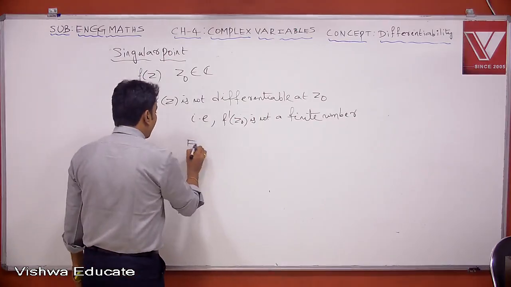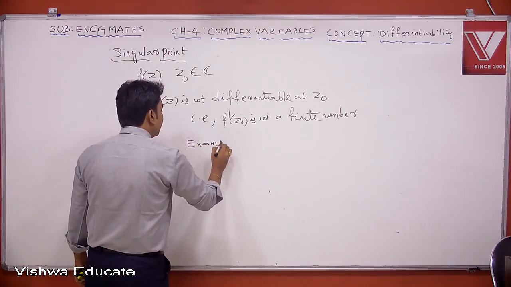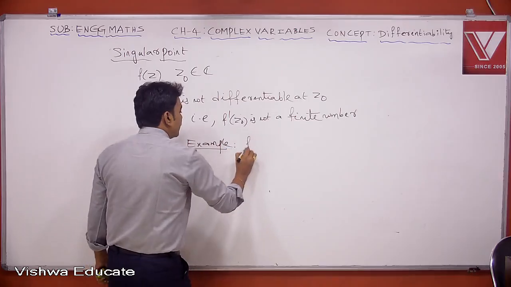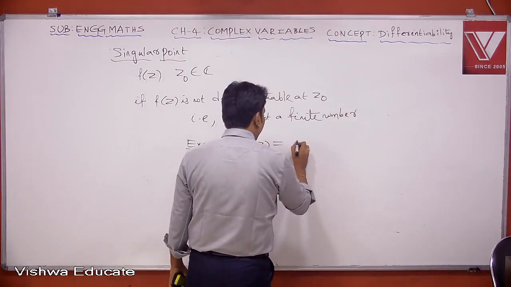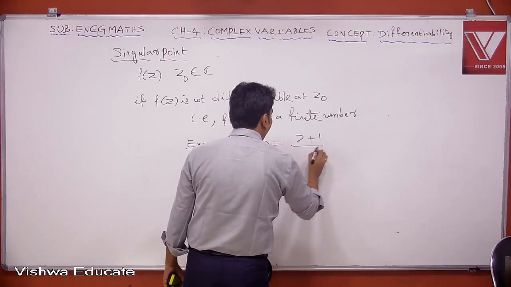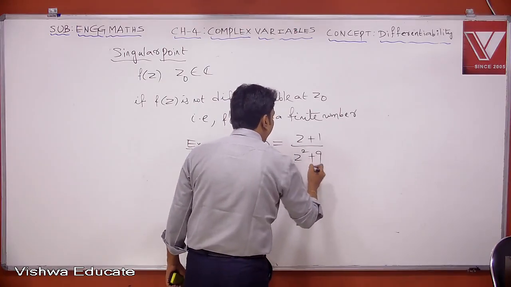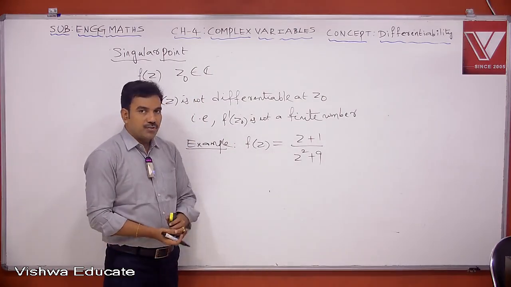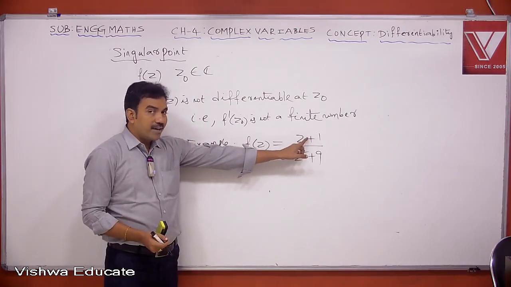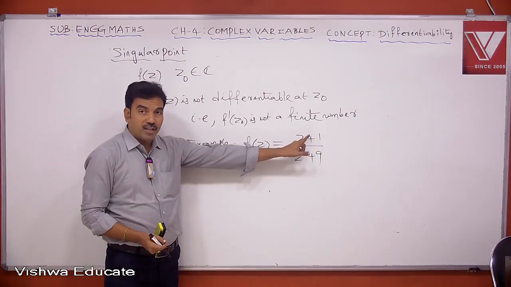Let us take an example. Suppose f of z equal to z plus 1 by z square plus 9. Now, when you look at the two functions, the numerator is z plus 1. It's a polynomial expression.